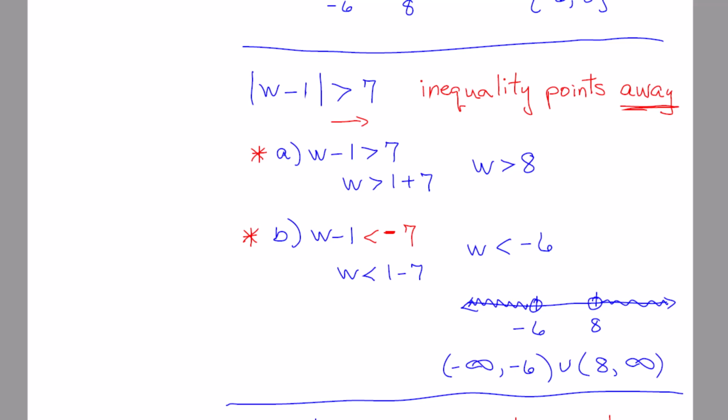This is an OR situation. So it's a union, so I put both of them together, and there is the union that connects them. Notice when the inequality points away, my answer looks away.